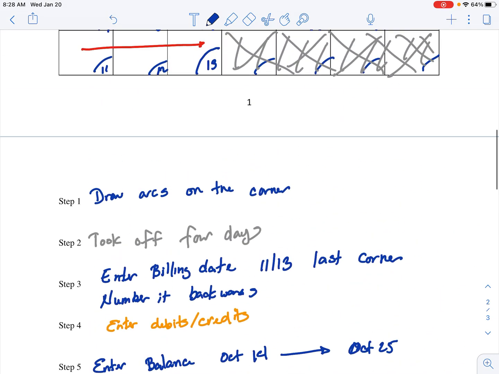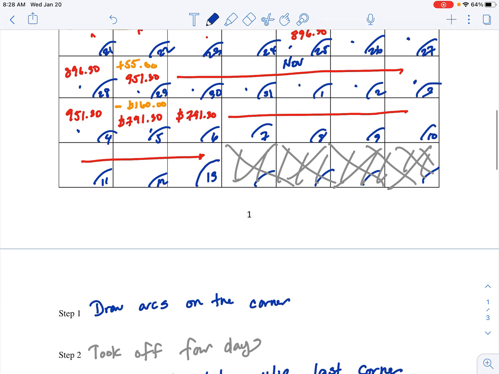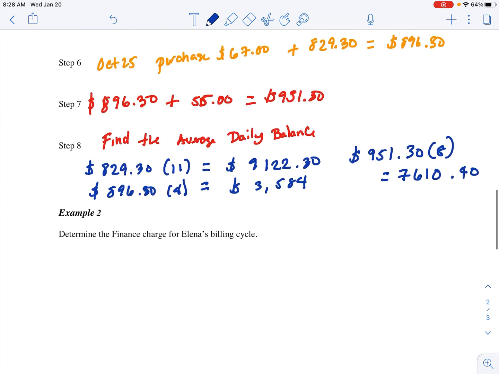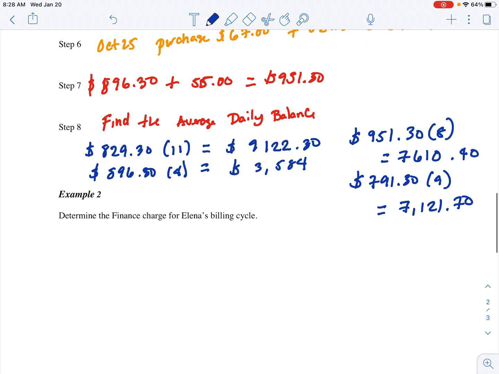And then we made a payment. We had $791.30, and that was for 9 days. 791.30 times 9 equaled $7,121.70. Okay, and we'll add those all together.